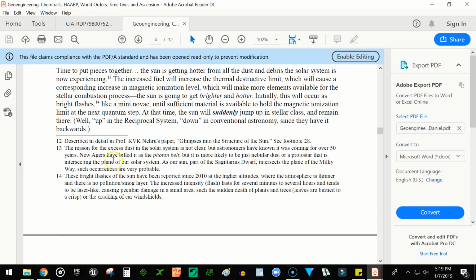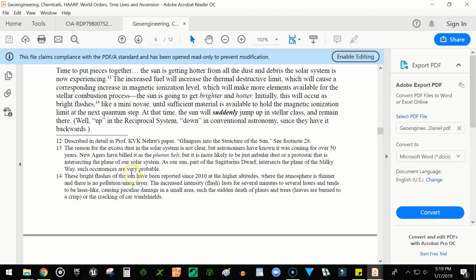Okay, I wanted to read a couple of these notes down here. The reason for the excess dust in the solar system is not clear, but astronomers have known it was coming for over 50 years. New Agers have billed it the photon belt, but it's more likely to be just nebular dust or protostar that is intersecting the plane of our solar system. As our sun, part of the Sagittarius dwarf, intersects the plane of the Milky Way, such occurrences are very probable.